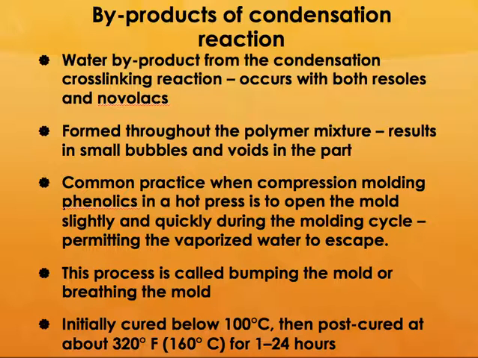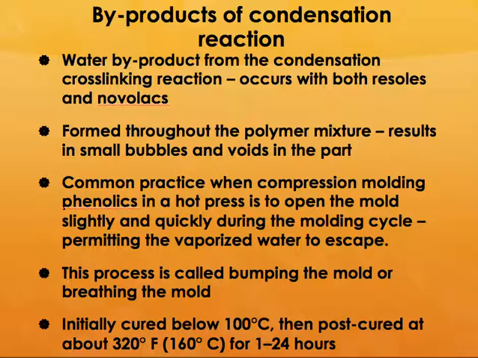and it has not been removed completely. So the common practice when you are doing compression molding is a process called bumping. You can apply pressure in a hot press or a Carver type of press, and you open up the mold above 100 to 110 degrees centigrade, or about 200 to 240 degrees Fahrenheit, and then you let that water escape, just like a steam engine.